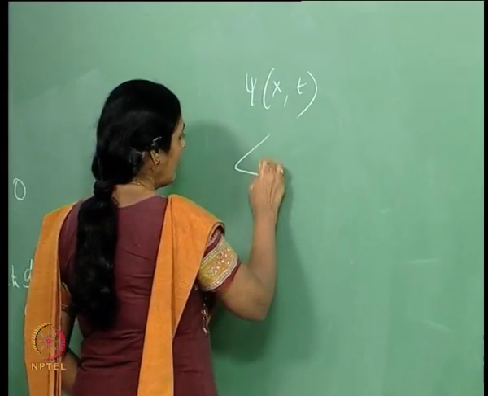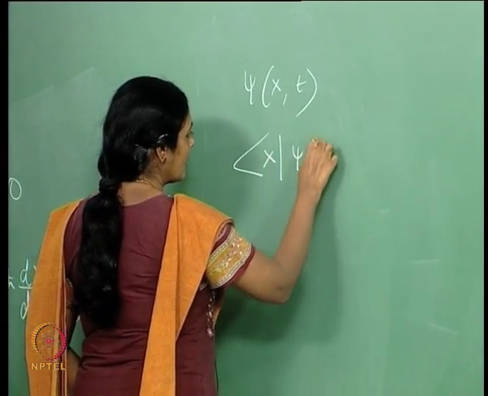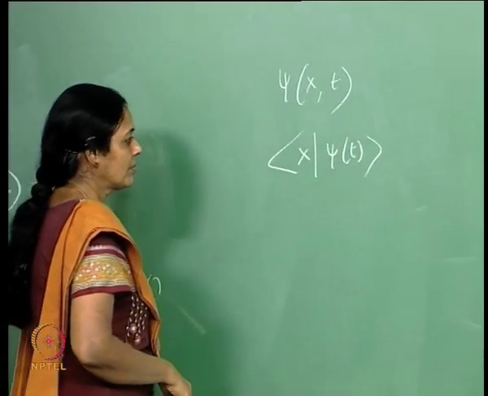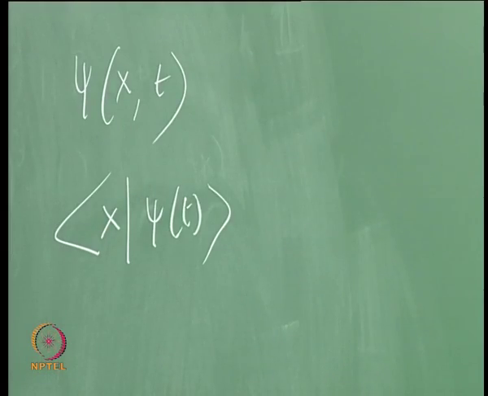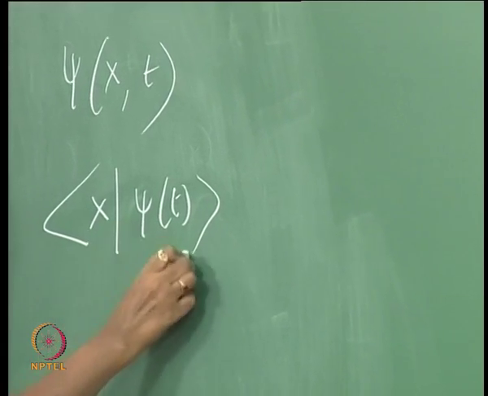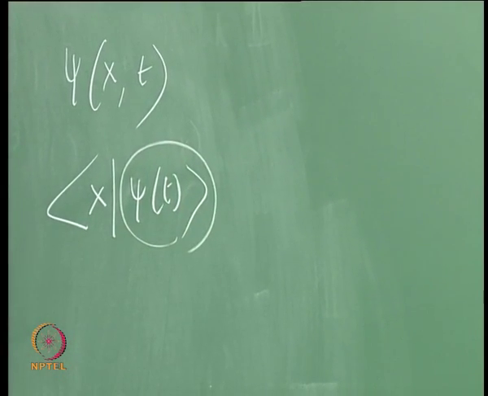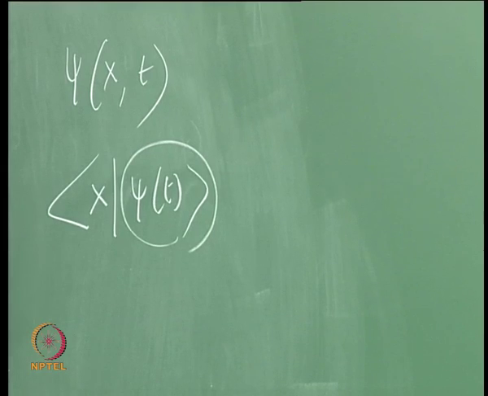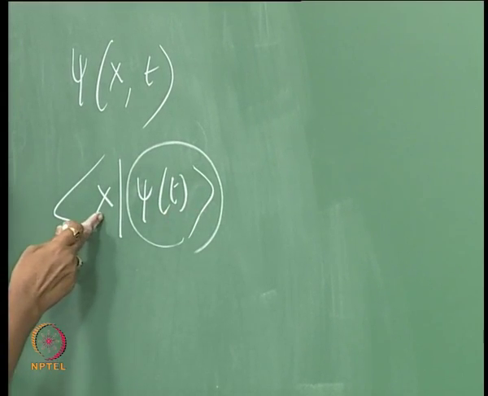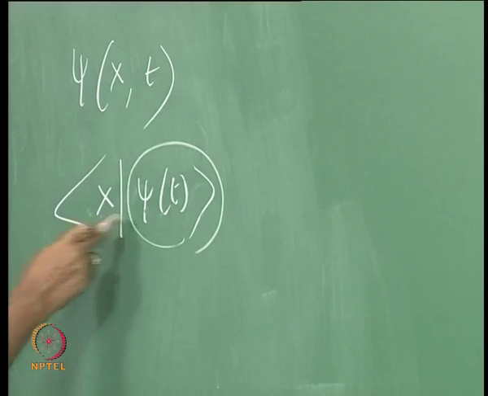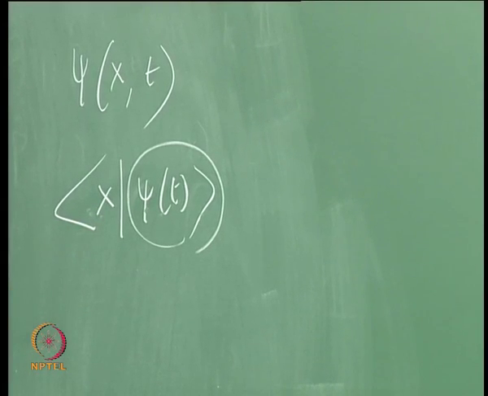So that's the same as <x|psi of t>. This is in the position representation. Otherwise, in the abstract, I would just have had |psi of t> or |n of t> ket, and in the position representation, I simply take this expansion, this inner product.